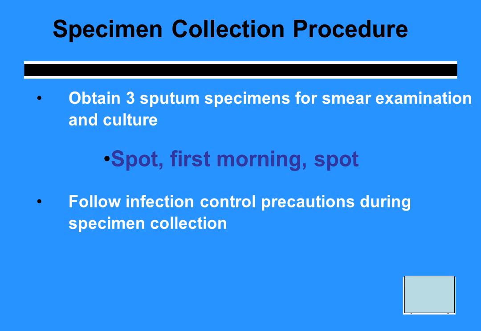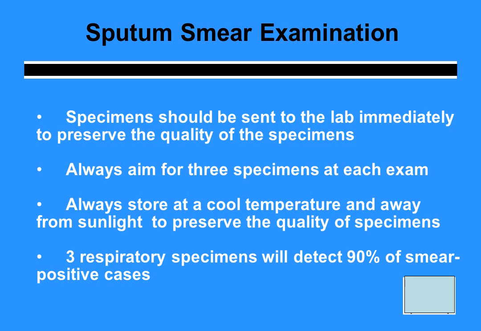We need to follow the infection control precautions during specimen collection, because this is a potentially biohazardous material containing bacteria. How is this sputum smear examined? This specimen should be sent to the lab immediately, so that we can preserve the quality of the specimen, and there are high chances to identify the tuberculosis bacteria.